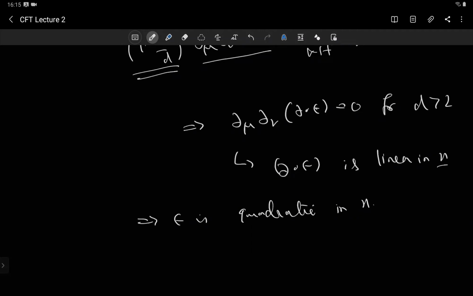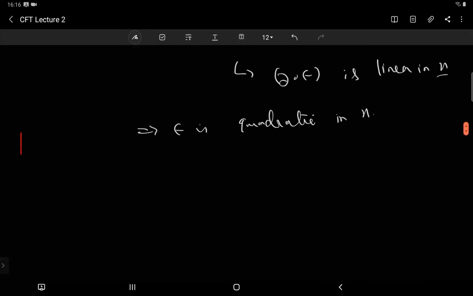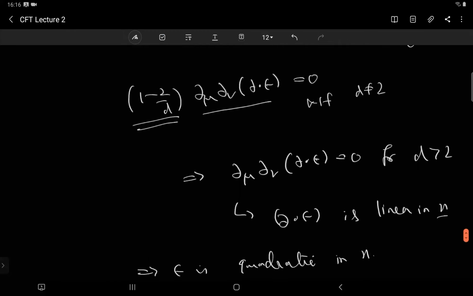But remember, in 2 dimensions epsilon could have been any function of x, while here it can be at most quadratic in x. That is because this equation is non-trivial in d greater than 2, but trivial in d equal to 2. So we don't get any constraint in 2 dimensions, but in higher dimensions we get a constraint that epsilon is quadratic in x.